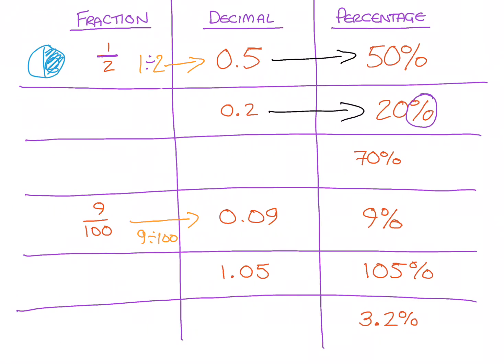So when we have 50%, if you set this up as a divide by 100, the number that came before it, in this case the 50, is just the number that goes on the top, 50 over 100. Now, for all intents and purposes, that is the fraction of 50%. It just so happens that it can be written nicer, it can be written simpler, which is where this thing comes about.